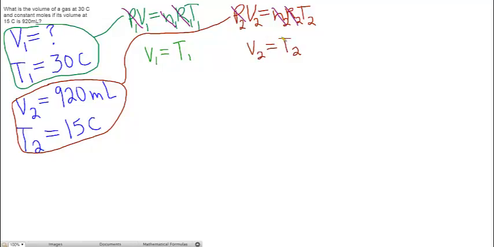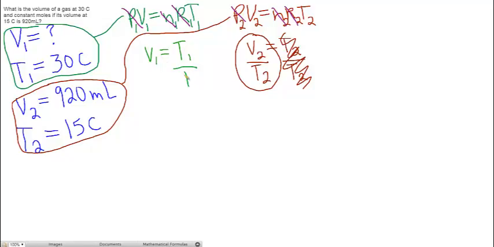Well, I can move things around in this equation. If I divide both sides by temperature 2, I cross out temperature 2 on the right side, and I have this equation now. All of this equals 1, but it doesn't really matter if we write that, and you'll see why in a bit. We can also modify this equation.